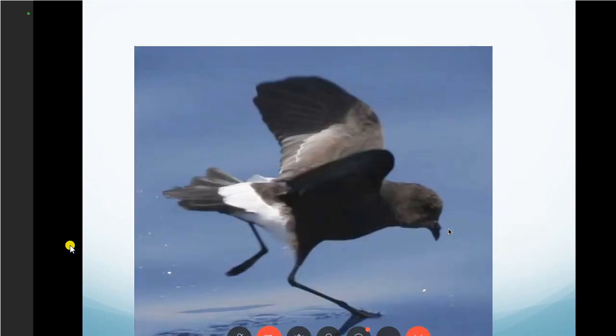Now look at this again. This is a Wilson's storm petrel, and if you look at the image, you can feel like the bird is walking on the water. If you look at the beak, it's very small, and you can quickly make out that it is a surface feeder. It picks up small food items found on the surface.